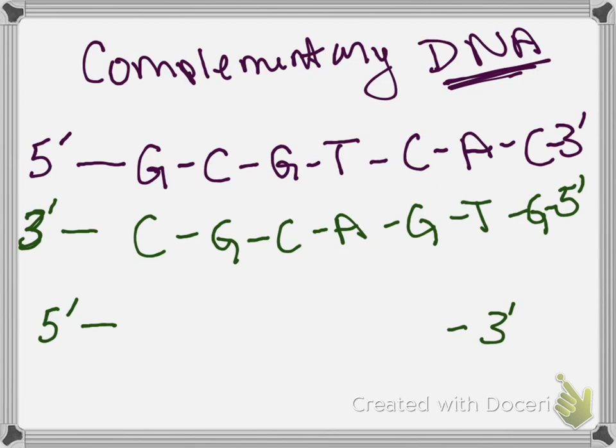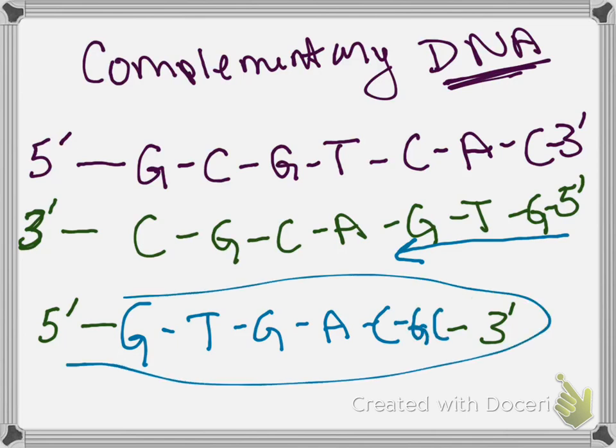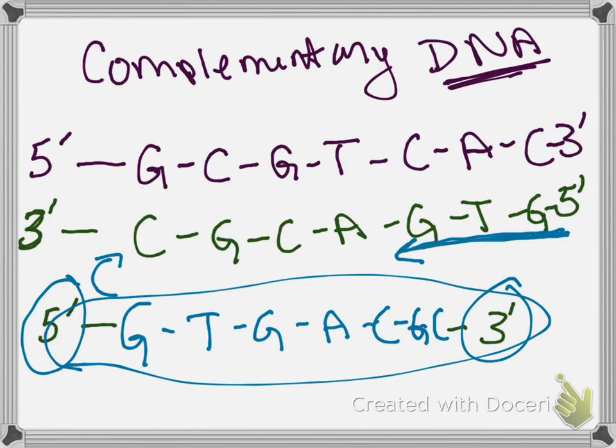You have to actually look at the 5' to 3' direction, and in this case, if you read it this way, it's G, T, G, A, C, G, C. That is the correct answer for this question. So that's the concept. It shouldn't matter what nucleotide string I give you, you have to consider the orientation. You can't just look at the sequence. If it's written in the 5' to 3' direction, you have to reverse that 3' to 5' sequence that you draw.